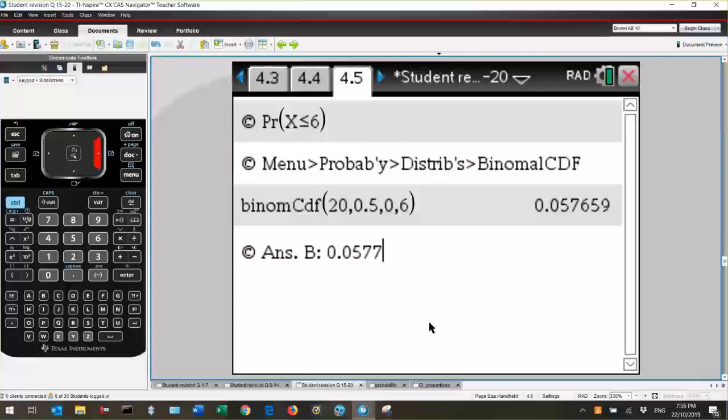So the answer is B. So once again, the important thing is remembering that P hat is equal to X, the actual number, divided by the sample size. P hat equals X on N. That's all that was really required to get this problem right, and yet it obviously caused a bit of grief.